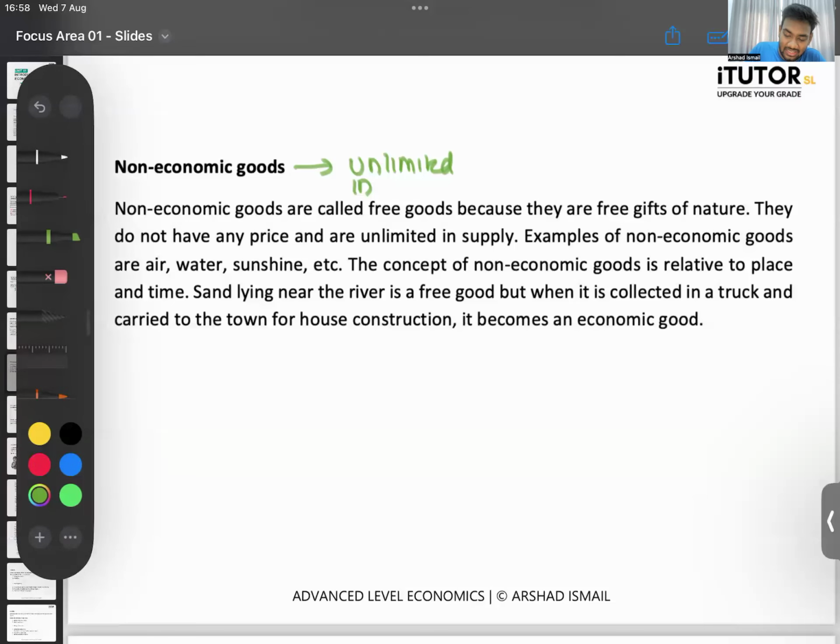Or I'll say unlimited in supply. You have enough and more of these. Is there a resource cost or an opportunity cost? Is there a cost of producing this? For example, my examples of these are sunlight, rainwater, air.